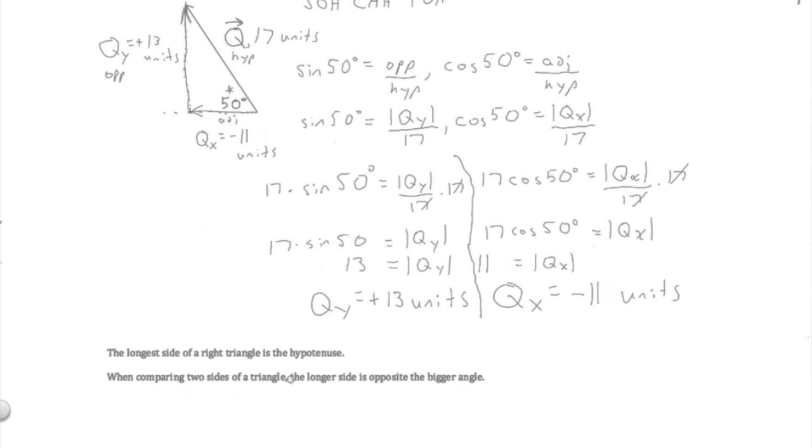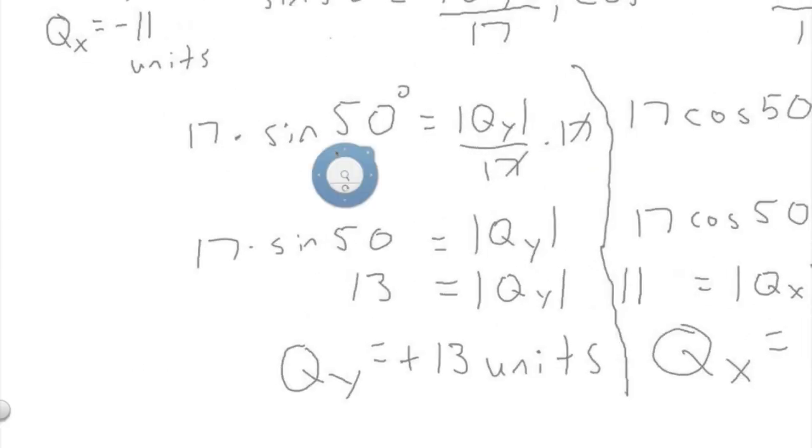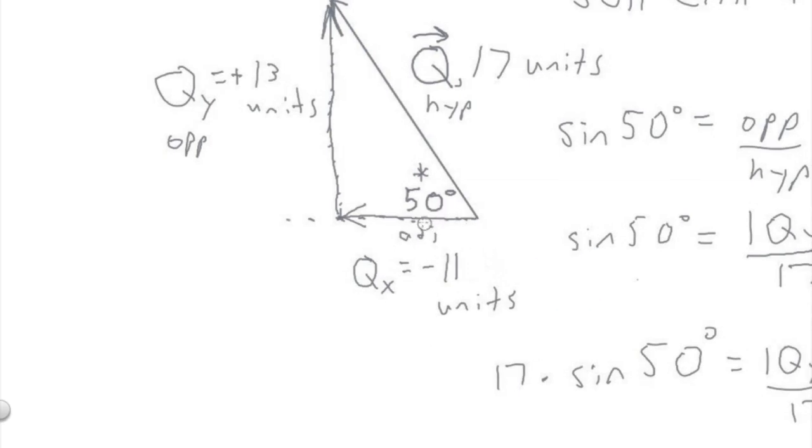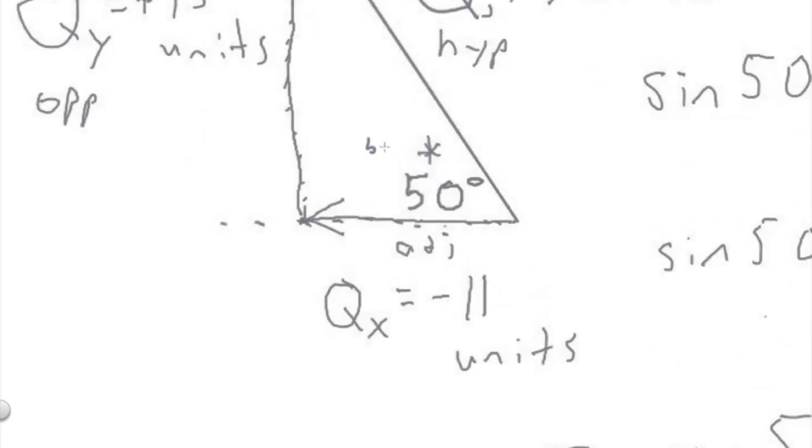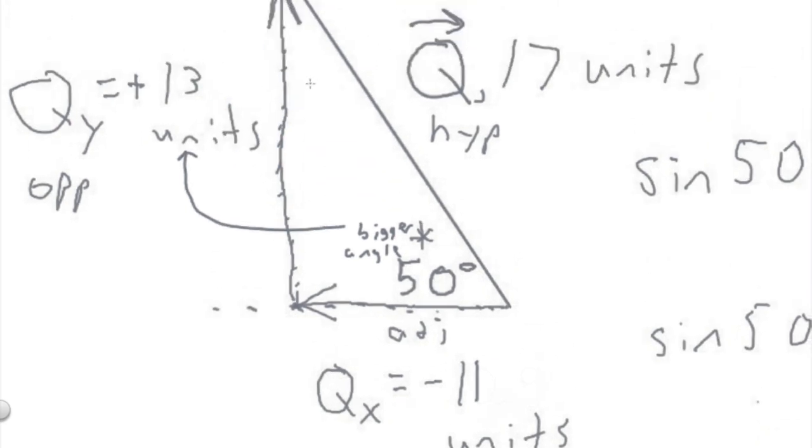And we can check a little bit more by using this idea. When you compare two sides of a triangle, the longer side should be opposite the bigger angle. So you should be able to see that this angle of 50 is bigger than this angle at the top of the triangle. Even if you don't calculate it exactly, you should see this angle is bigger than 45, and this should be a little less than 45. So clearly this is the bigger angle, and that bigger angle is opposite the bigger side of 13.